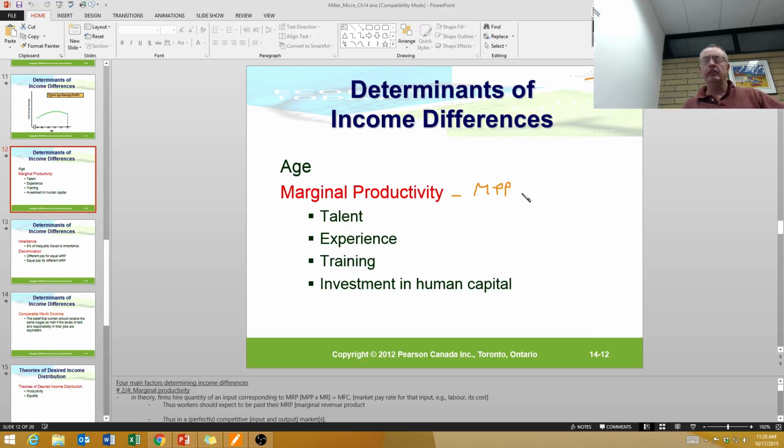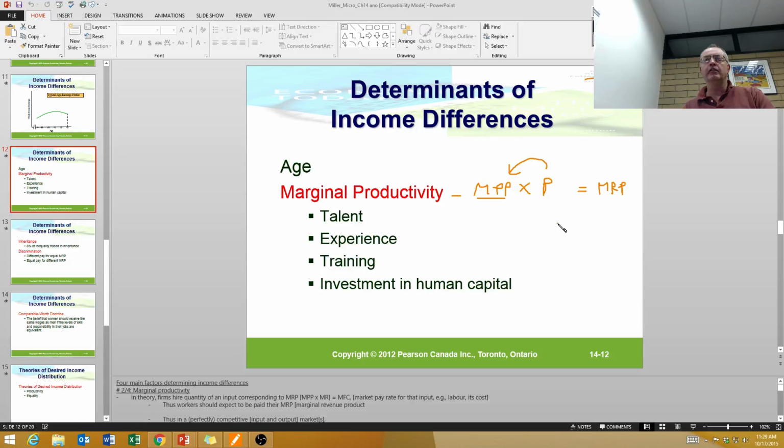marginal physical productivity, and remember the theory in chapter 13 about labor markets. The marginal revenue product for that incremental employee equals the marginal physical product multiplied by the price, or the value of the output that the person produces.